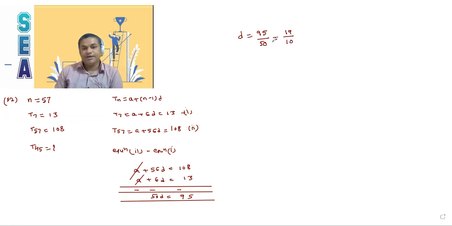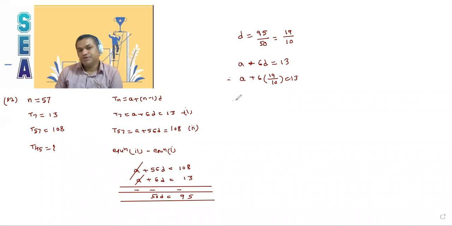For the first time the answer has come in fraction form; please don't worry that it came in fraction. We'll substitute in equation number 1 and we will get a. a plus 6d is equal to 13. So a here plus 6 into 19 by 10 is equal to 13.